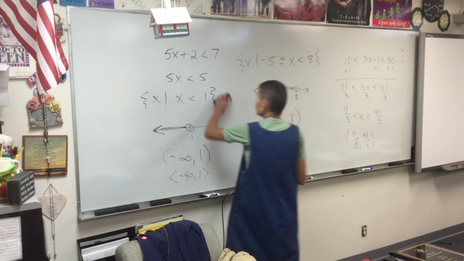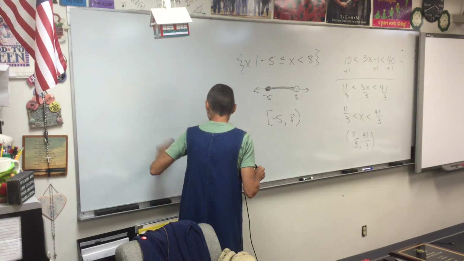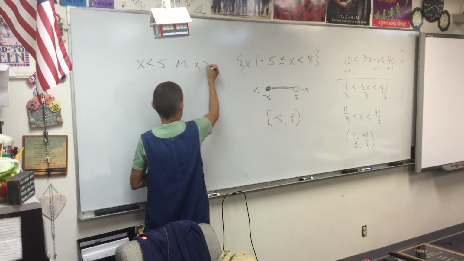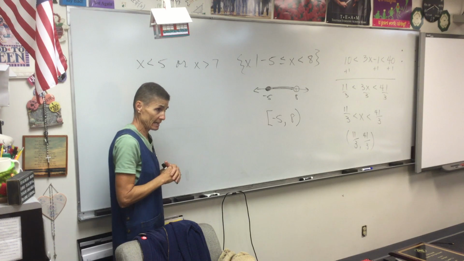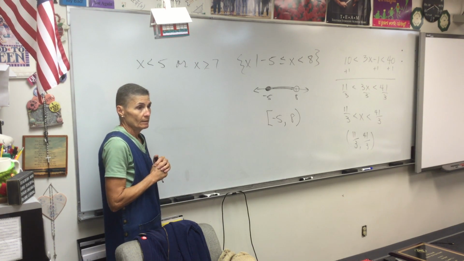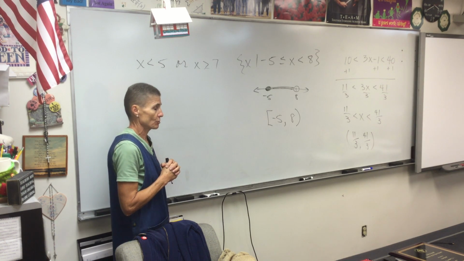Now, do you remember doing problems where you ended up with an answer that looked like this? X is less than 5 or X is greater than 7. Remember getting answers that looked like this? Make it a little more wild. How would I describe that as an interval?